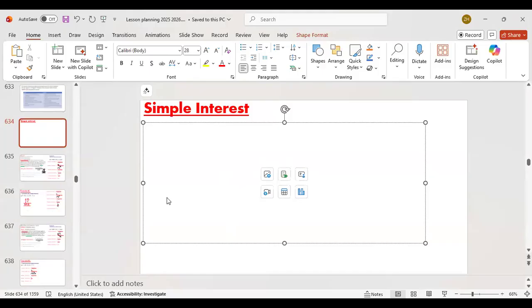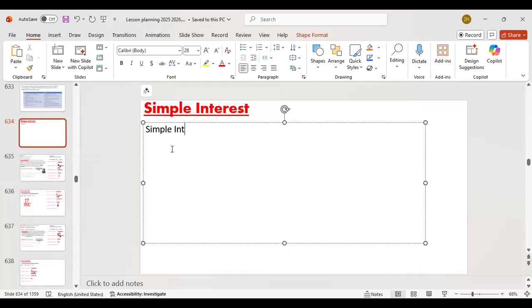Simple interest is a method of interest that always applies. Let's go ahead and write this down.